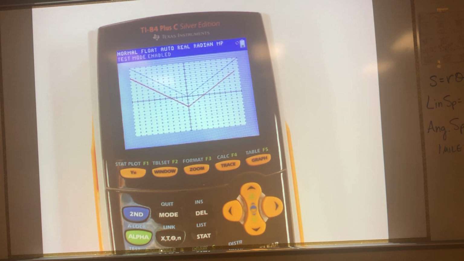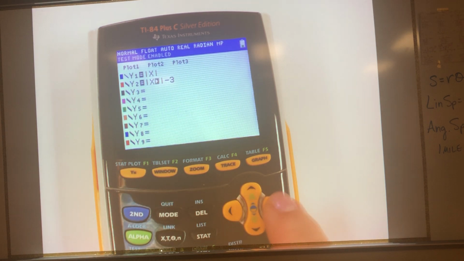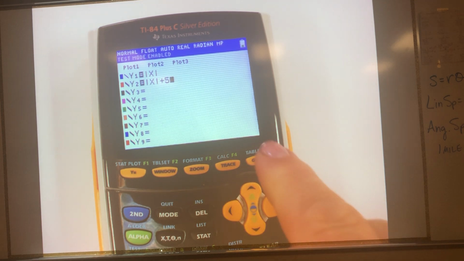What'd you do? It's outside of the absolute value, okay? He moved it down 3, which means that I probably can assume that a plus 5 is gonna make it do what? Go up 5.